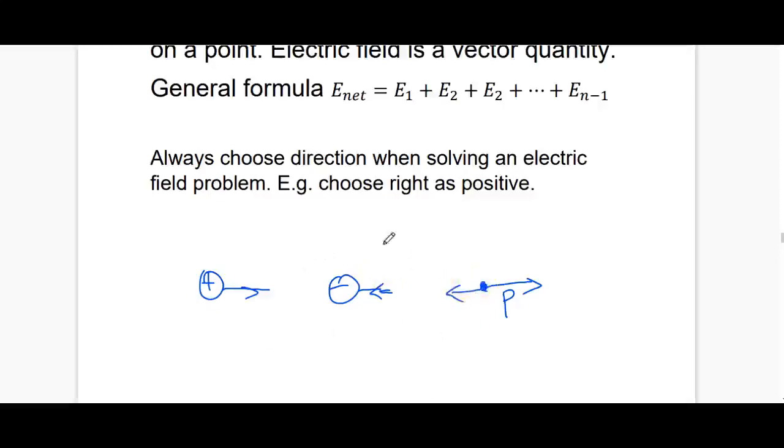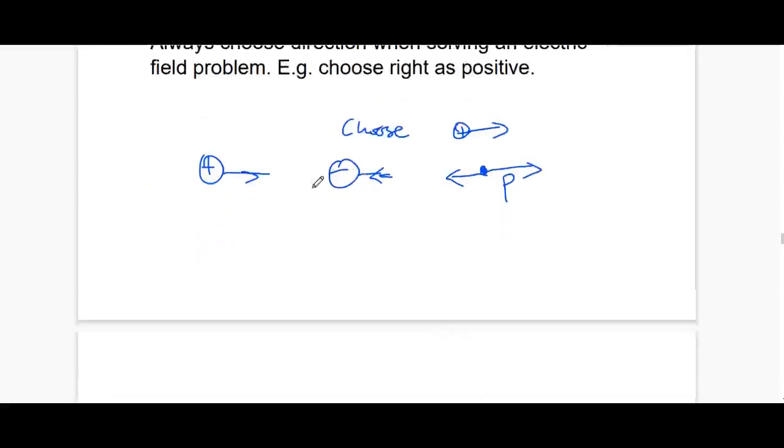Okay, and now if I choose a direction, for example, if I choose right as positive, what is going to happen is that when I do my net electric field, I will say E net equals E1 plus E2. Okay, so this is the general formula. But now I'm going to choose my signs. Which one is towards the right?